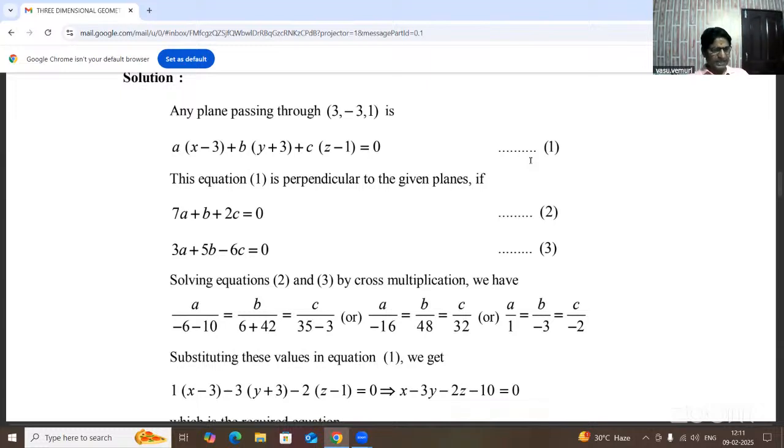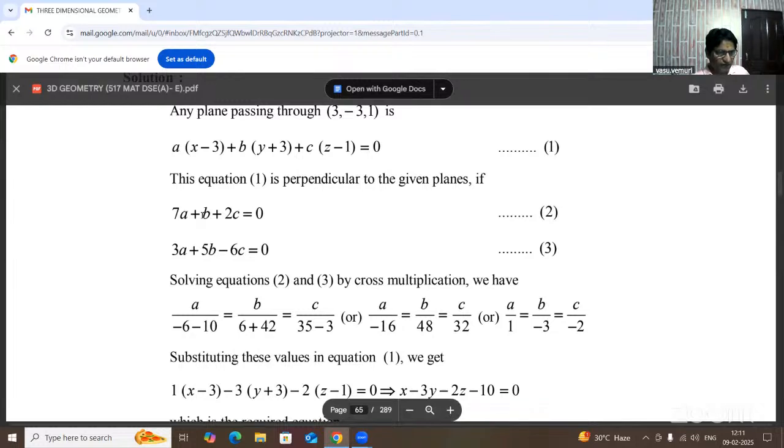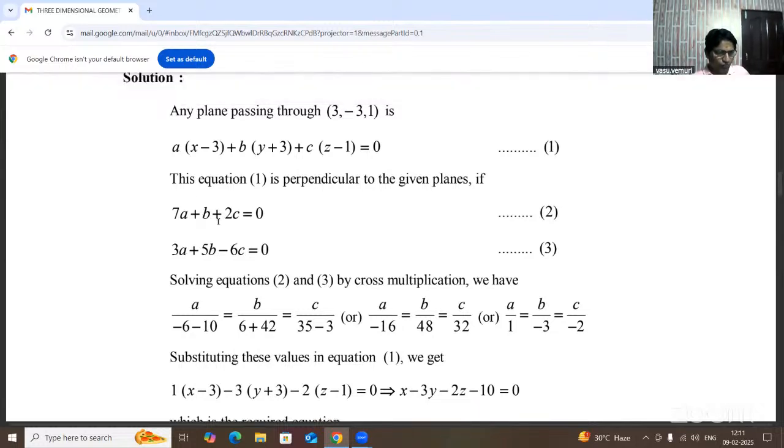To write the A, B, C coefficients, observe the second equation: from the B coefficient, 1, 2, 7, 1. And again write the B coefficient in the third equation: 5, minus 6, 3, 5. After taking the determinants from the above coefficients, we get A by 1 into minus 6 minus 10.